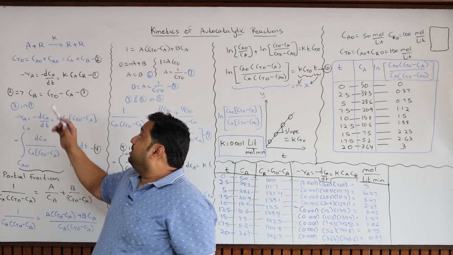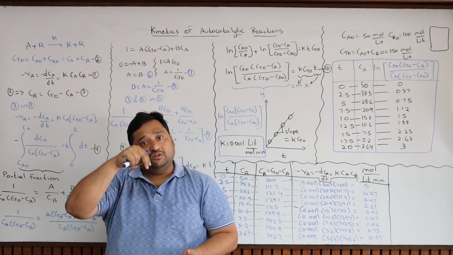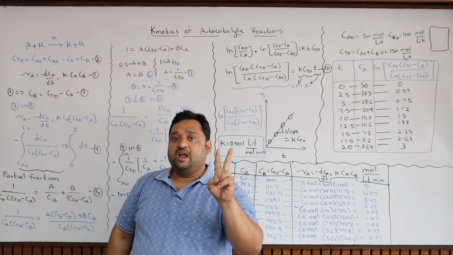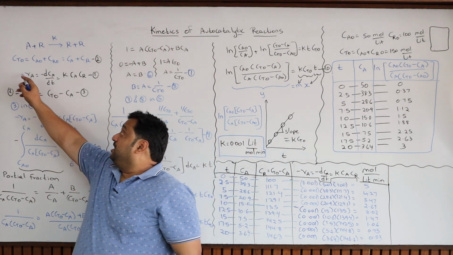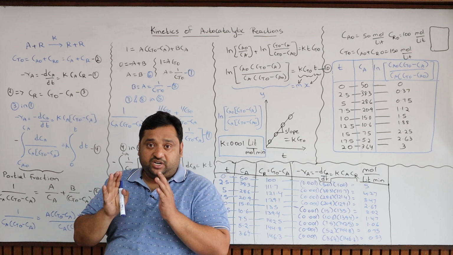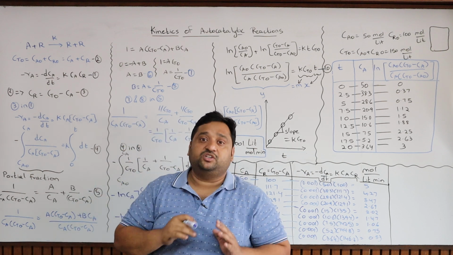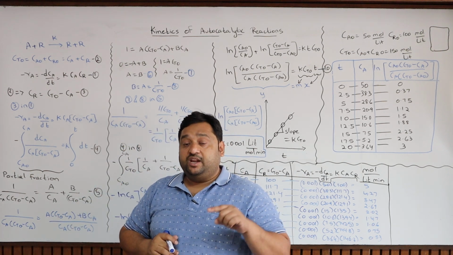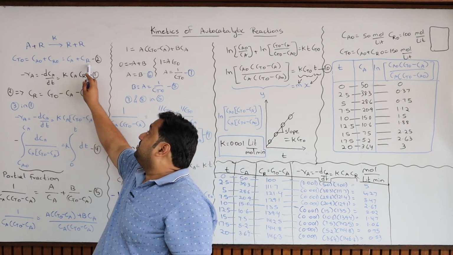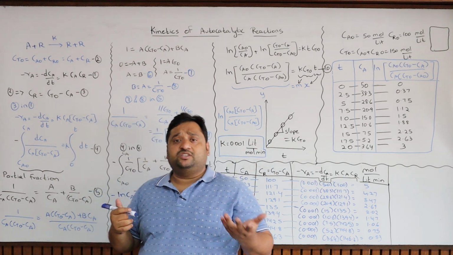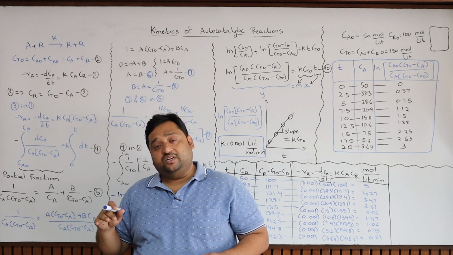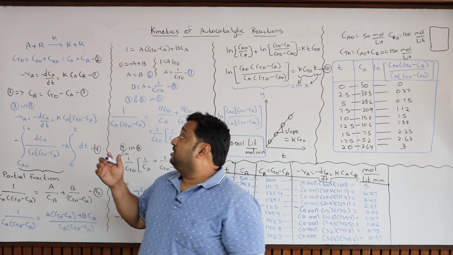Imagine at any point of time the total concentration in the reactor is because of two species, A and R. So the total concentration at any time is the initial concentration of A plus the initial concentration of R, because R is also necessary to start the reaction, which is equal to Ca plus Cr. Ca is the concentration of A at any time during the reaction and Cr is the concentration of R at any time during the reaction.